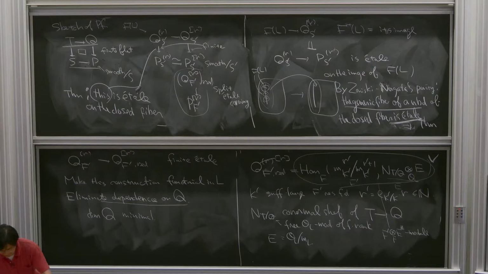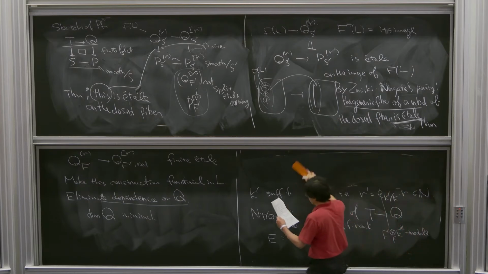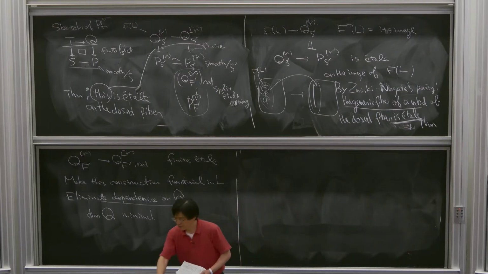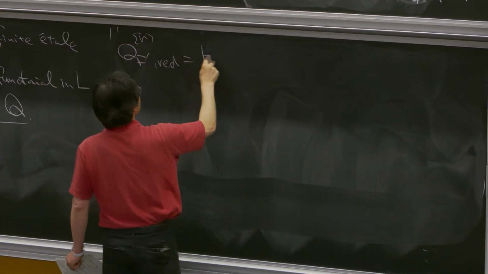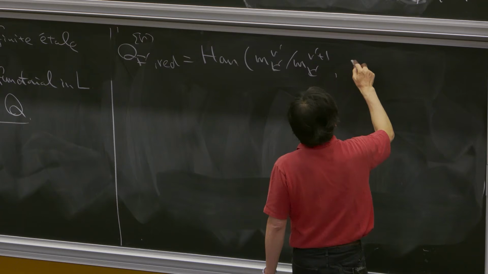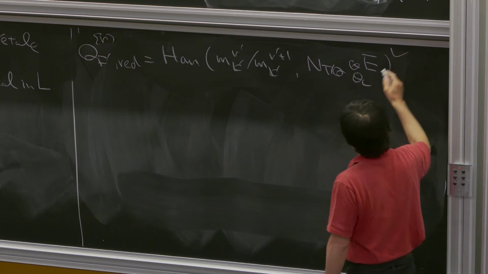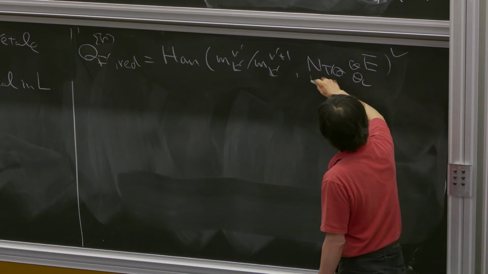So in this case, I just erased it, but let me remind you that this reduced closed fiber has this description, and we have a dependence on q here.